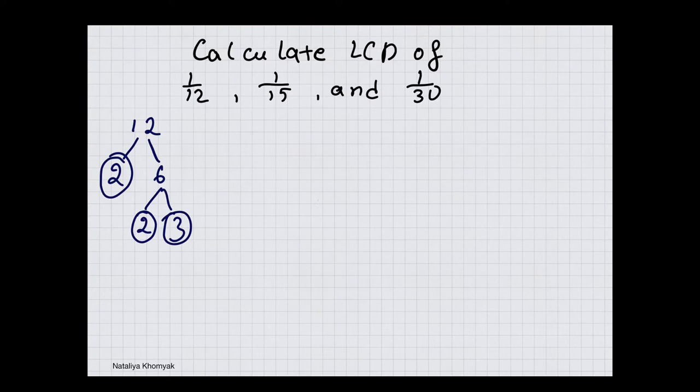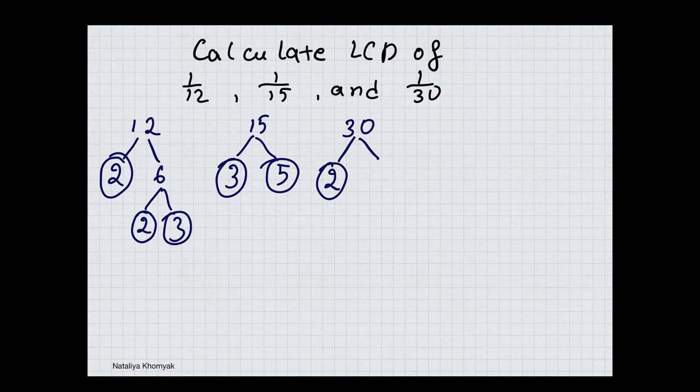And you stop once you reach all the primes. 15 can be broken down into 3 and 5. 3 and 5 are both primes. And 30 can be broken down into 2 times 15.